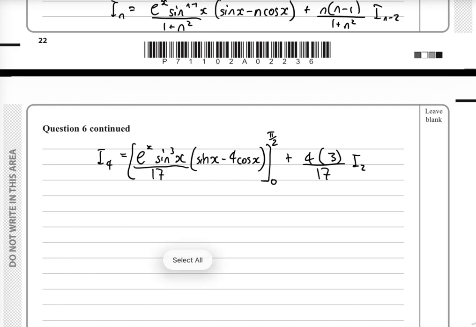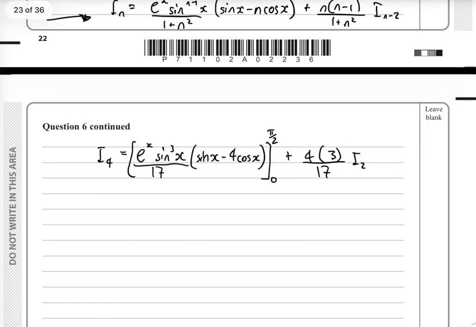So just reading along this expression here, putting in n equals 4 gives me this. Fortunately, sine of pi by 2 gives me 1, cos of pi by 2 gives me 0, sine of 0 gives me 0, and cos of 0 gives me 1. So a lot of things in there will simplify.